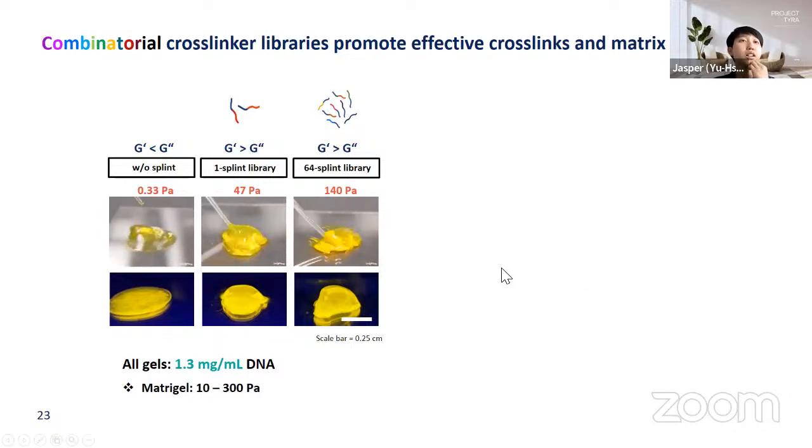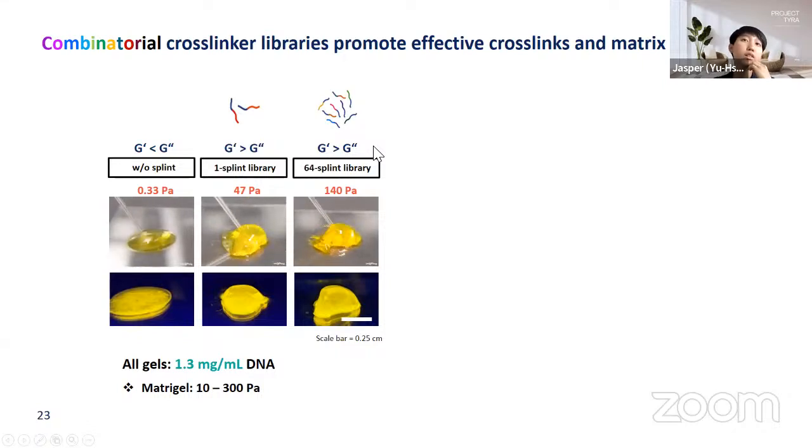As you can see on the slide, when we don't have any cross-linkers, just the polymer solution, it looks like just a slimy solution on the glass slide. But if you have one splint strand in the library, then you somehow get a gel-like structure.